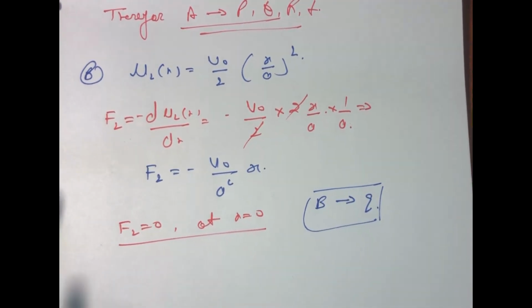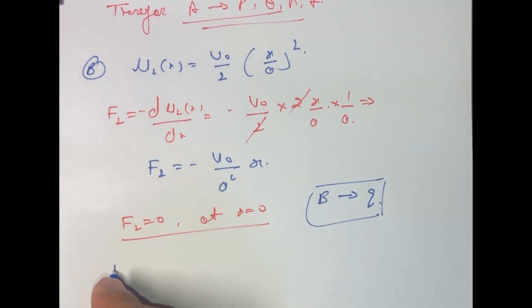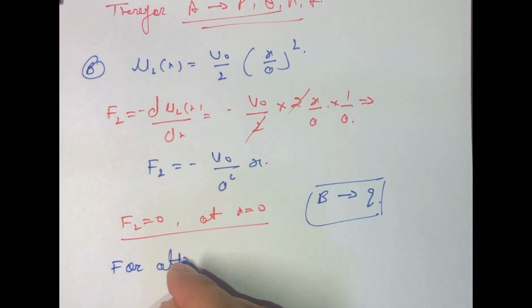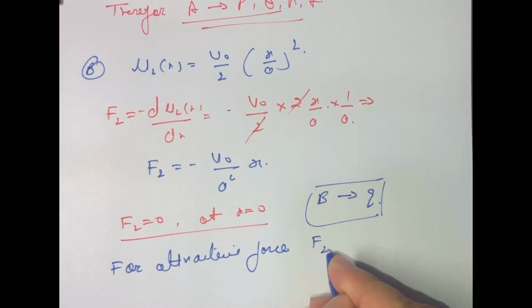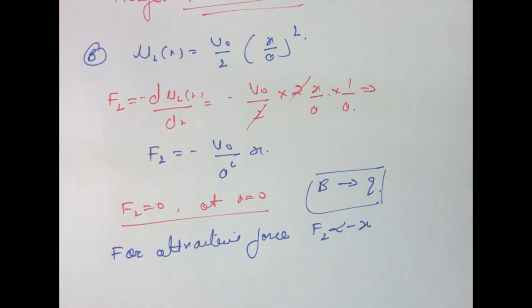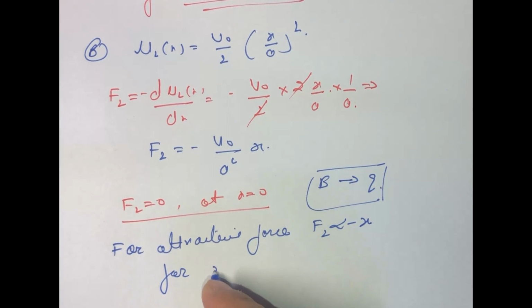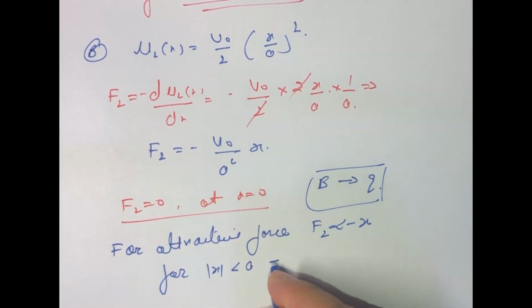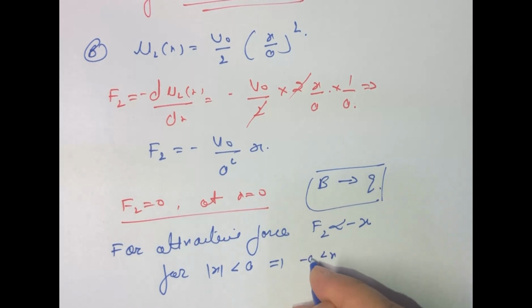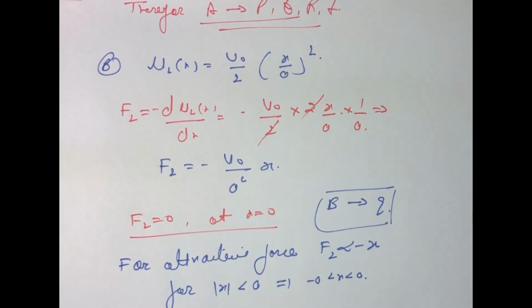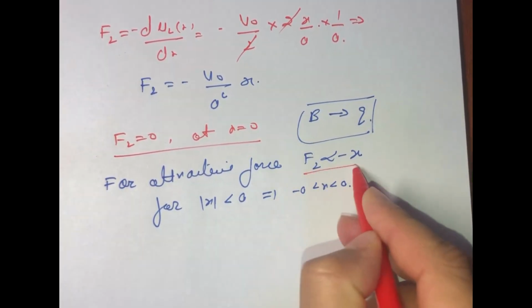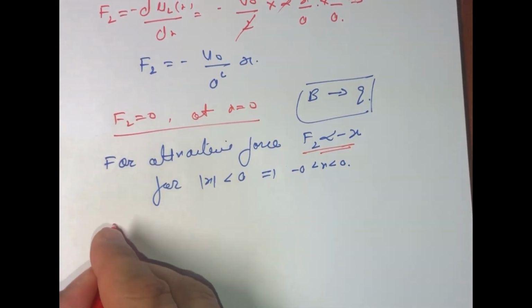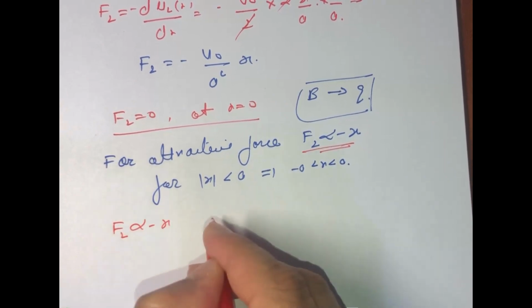We already know that for attractive force, F2 should be directly proportional to minus of x for modulus of x less than A, which basically means that x should be lying between minus A and plus A. Now if we analyze this equation, it states that F2 is directly proportional to minus of x.